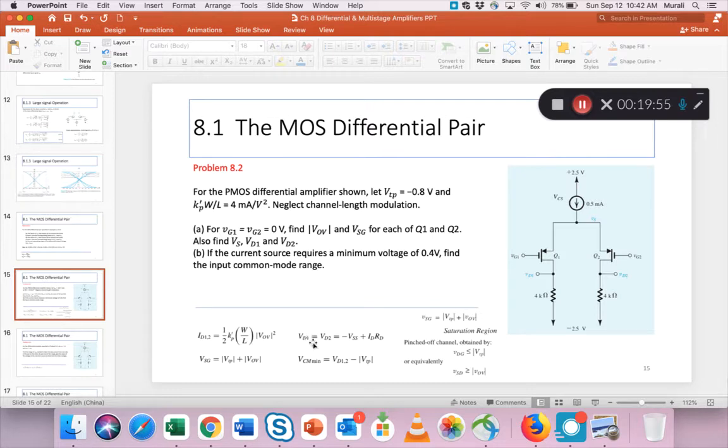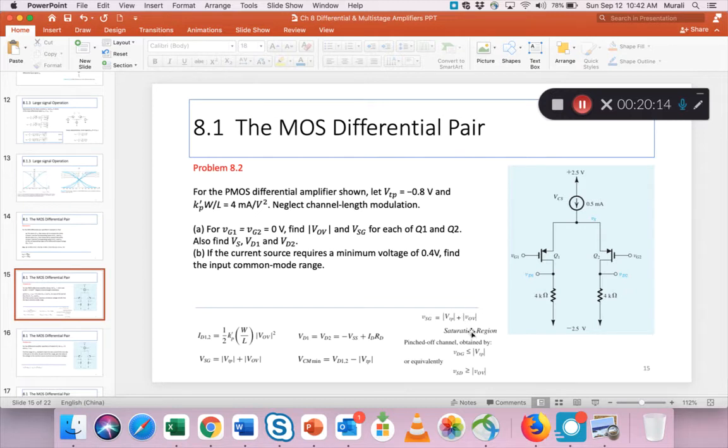Similarly, VD1, VD2 equals this formula minus VSS. Then VC minimum, VC maximum, I think we need to find. So those have these formulas.